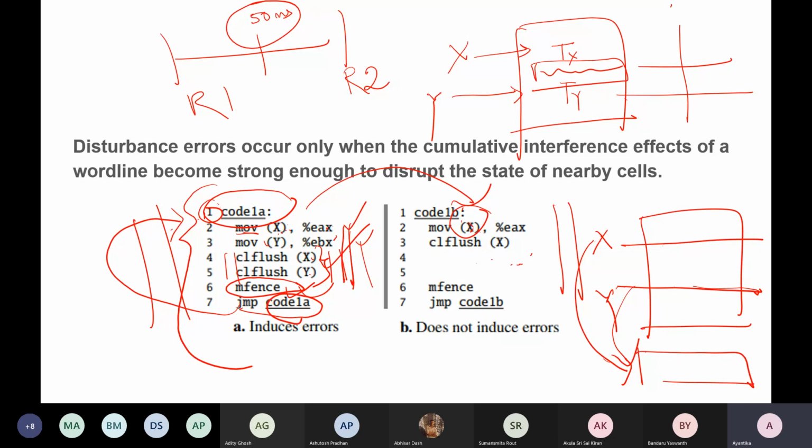Now when you are running this code too fast, with your high system clock, within a small window of time it repeats a huge number of times. This row is getting accessed, and then this row is getting accessed again.